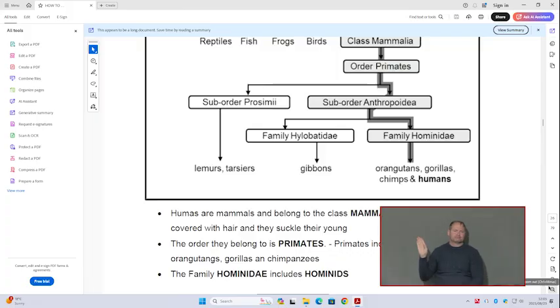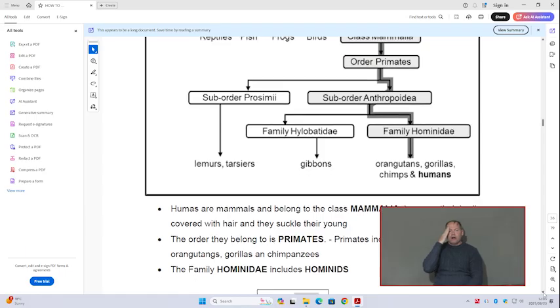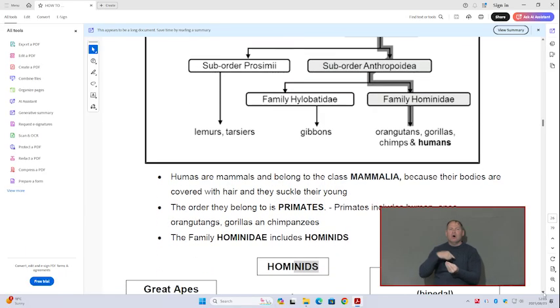Firstly, it's important that you know that the family that we belong to as modern humans and other primates is the family Hominidae.